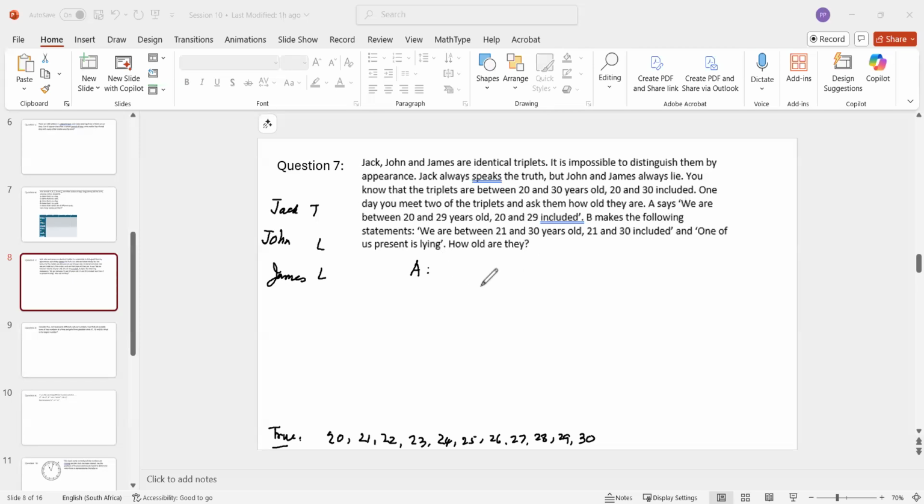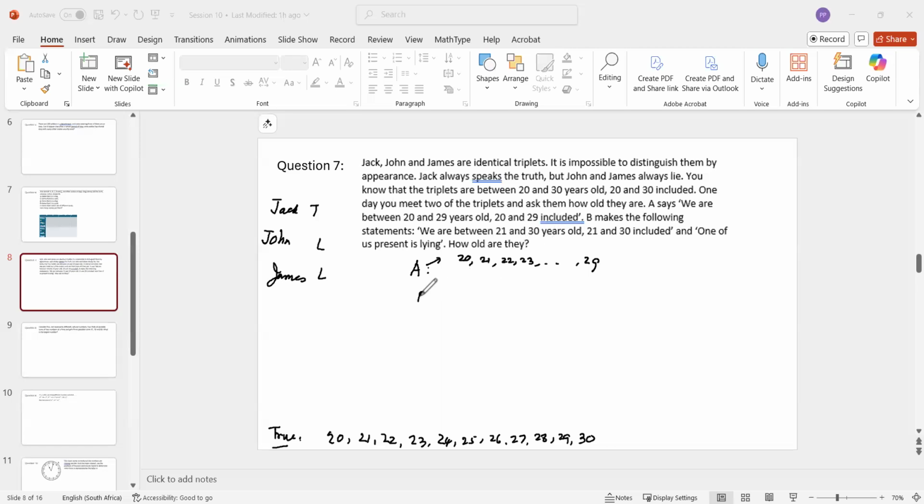A says, we are between 20 and 29. 20 and 29 are included. So A says this: 20, 21, 22, 23, all the way up to 29. Now, you don't know whether he's speaking the truth or whether he's lying.